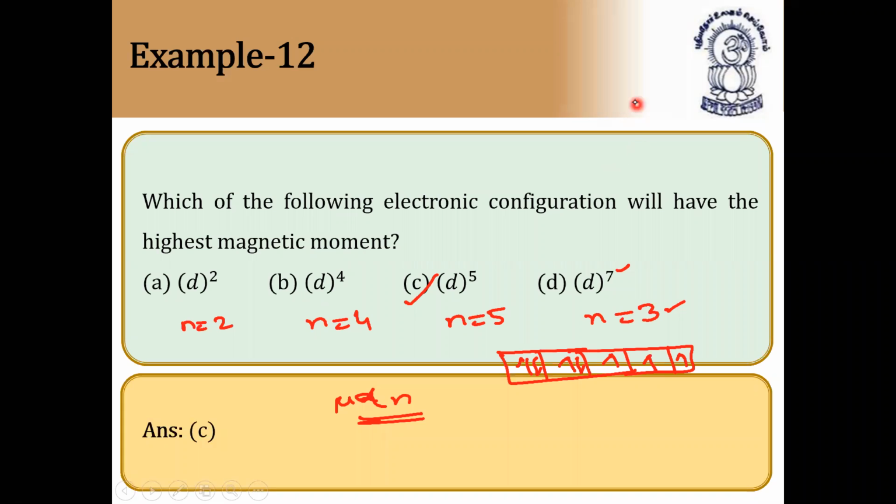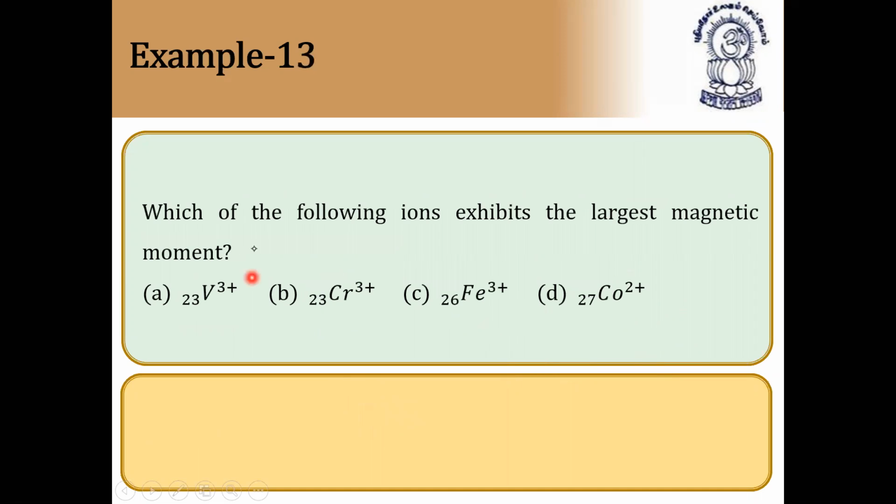Right. Next question. Which of the following ions exhibits the largest magnetic moment? So calculate n values in all of these. For V+3 we have seen already, n is equal to 2. For chromium +3, chromium atomic number is 24, so chromium is argon 3d5 4s1.